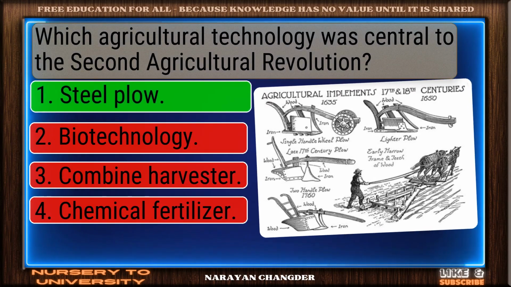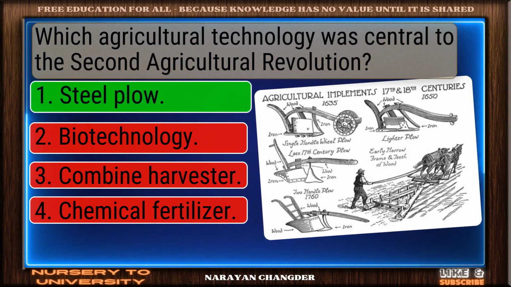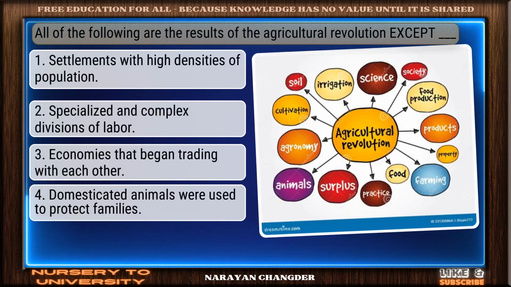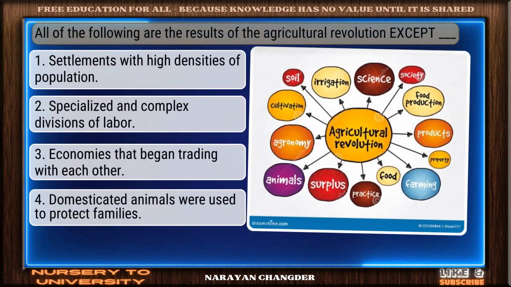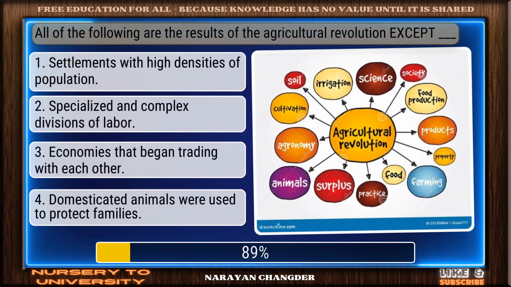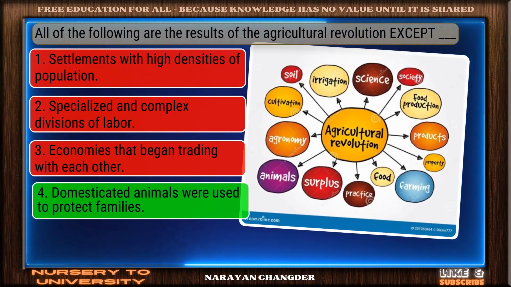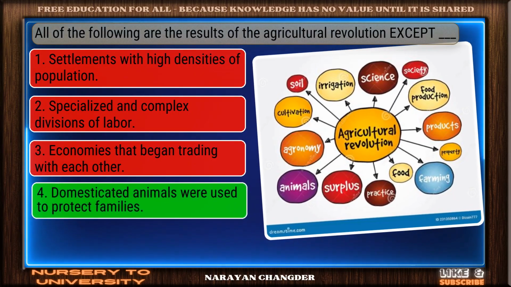Clear logic. Your choice, steel plow, is sound and 100% true. All of the following are the results of the agricultural revolution except dash. Good thinking. Domesticated animals were used to protect families is the right answer.